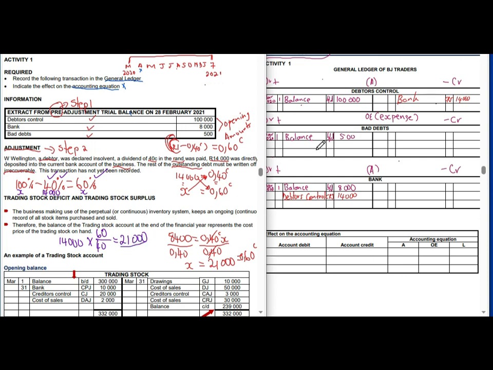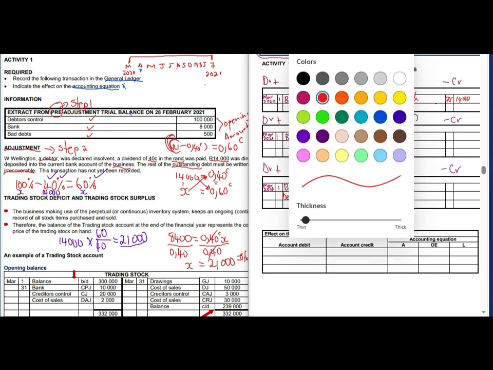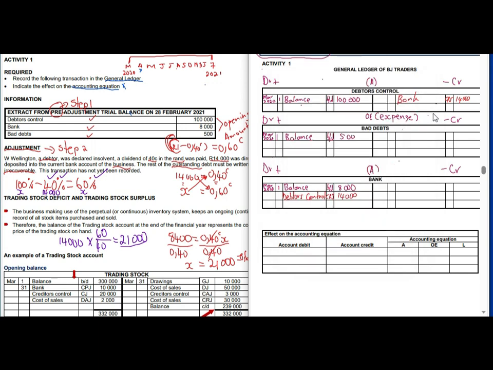Then we can take our 21,000 and record it under our debtors control account. We are writing off a debtor, so he no longer owes us, and our debtors control account will decrease. Let's write off our bad debt, and it's going to go to our general journal.